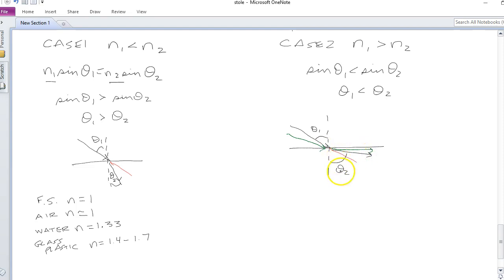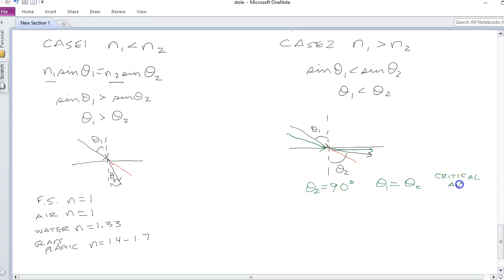Okay? Well, if you keep making theta 1 bigger, eventually what happens is that theta 2 will hit, according to Snell's law, 90 degrees. The angle theta 1 that gives you 90 degrees for theta 2 is known as the critical angle for that interface, for those two materials or media.